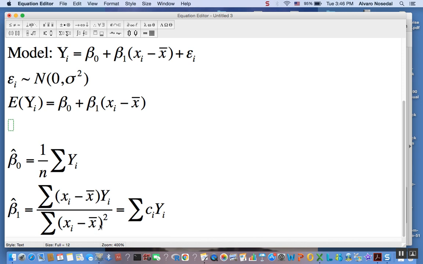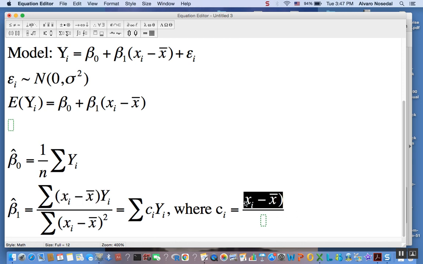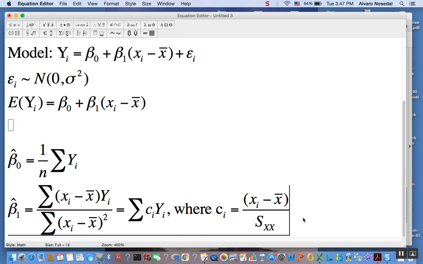So where ci is that quantity we just said, the ratio between xi minus x bar divided by Sxx, because this guy is Sxx.